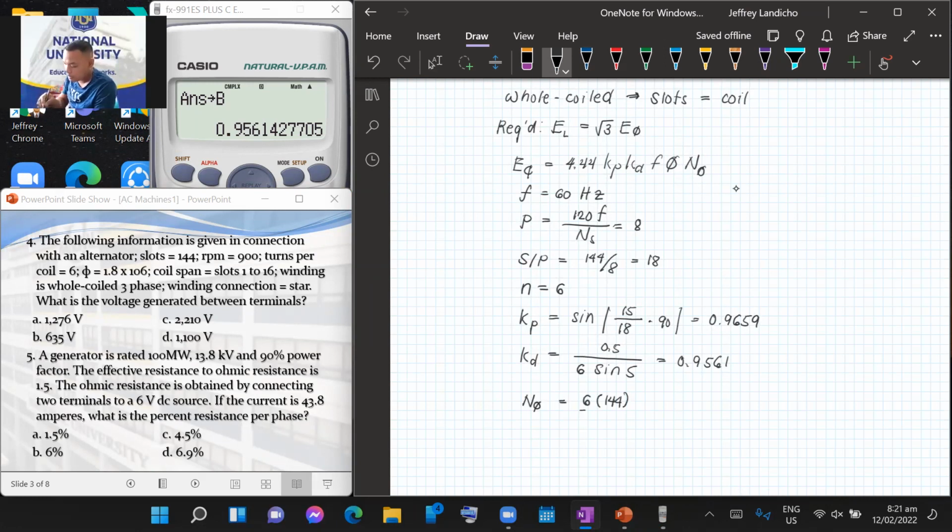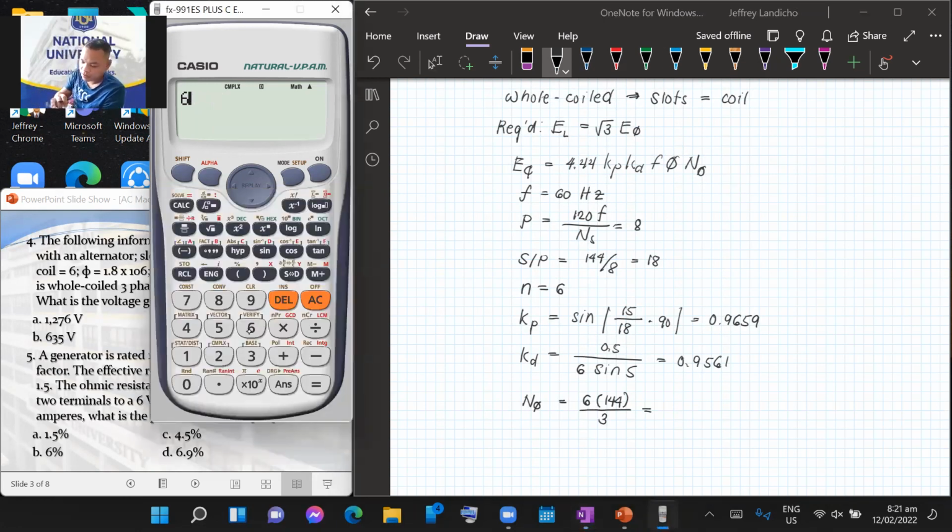Per phase ang kailangan natin, so divide by 3. So, 6 times 144 divided by 3, 288. Ibig sabihin, yung total number of turns per phase A, 288. Kay phase B, 288 din. Kay phase C, 288. So, equally balanced lahat yan.